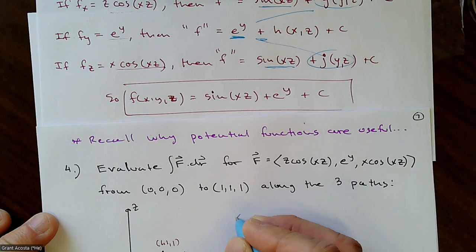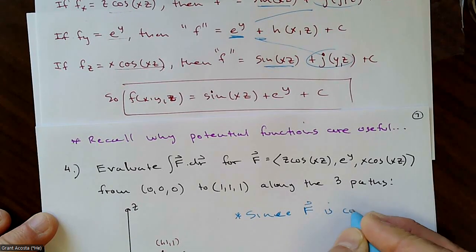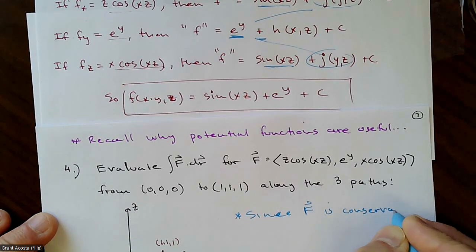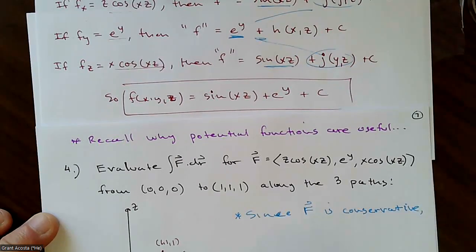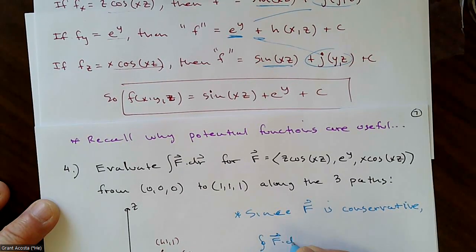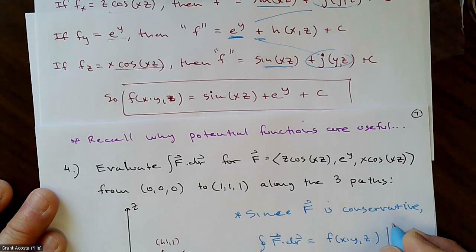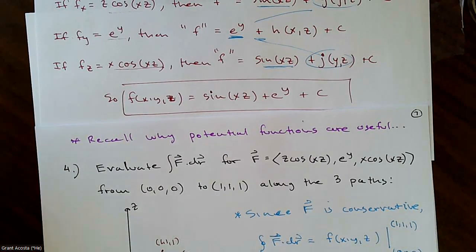So since F is conservative, we can just say this line integral of F dotted with dr is just my potential function f of x, y, z evaluated from my final point, which was 1, 1, 1, to my beginning point, which was 0, 0, 0.